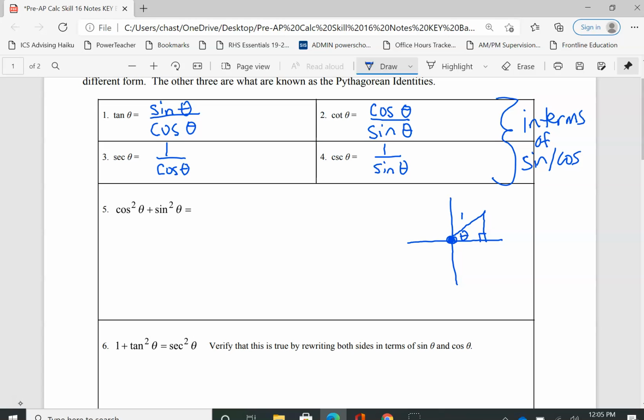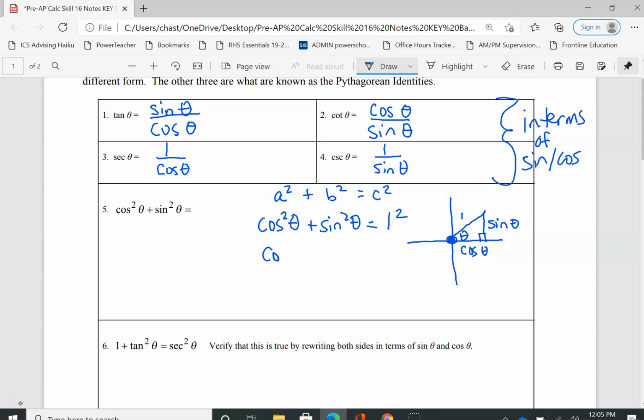We know the x-coordinate is the cosine of theta, and the y-coordinate is the sine of theta. And so what we end up with is a right triangle. If I were to use the Pythagorean theorem on this, I'd have cosine squared theta plus sine squared theta equals 1 squared.